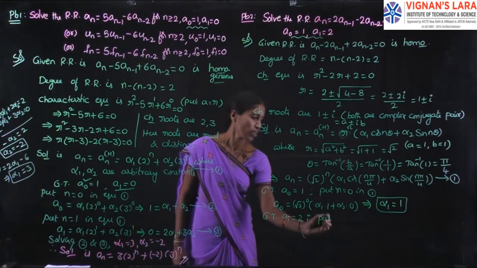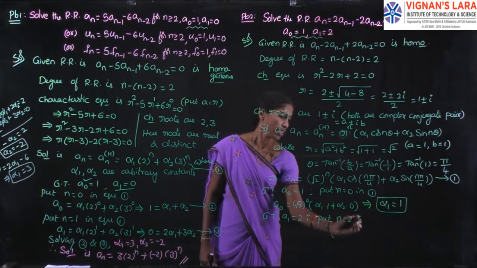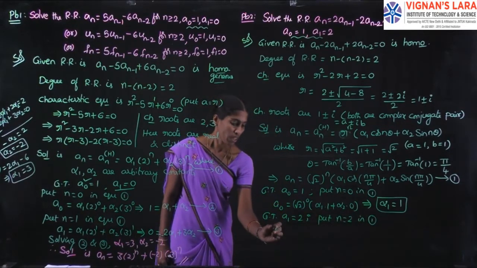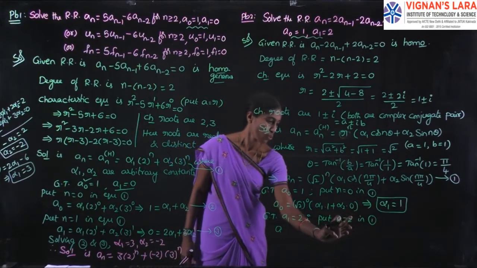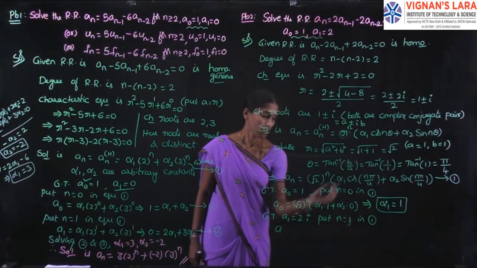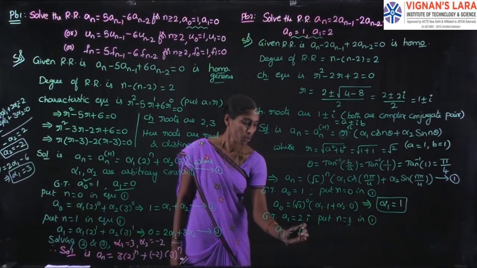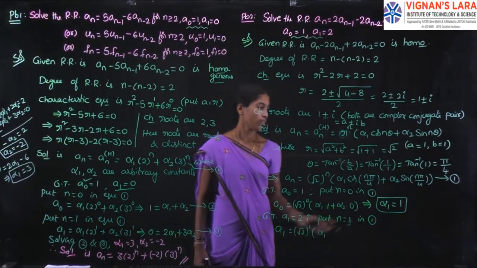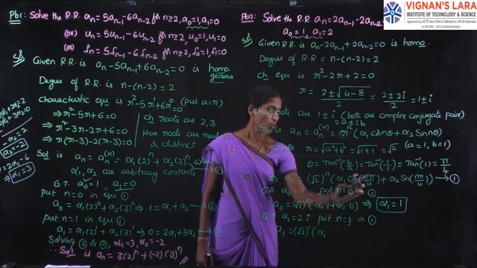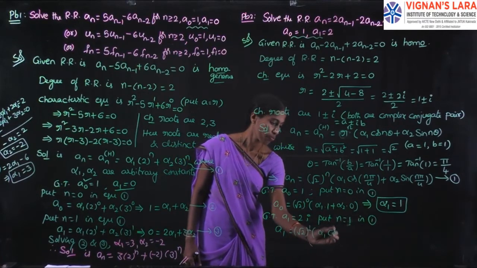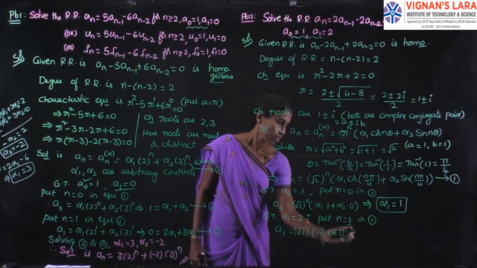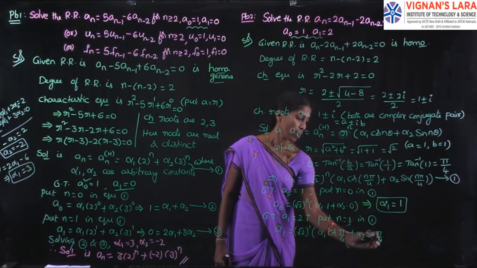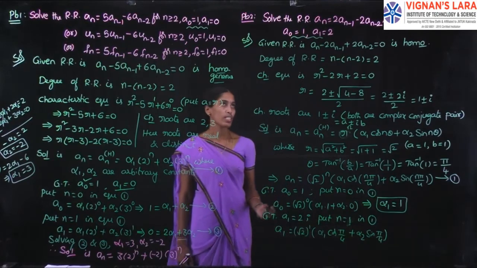Put n equal to 1 in equation 1. a1 is equal to root 2 to the power 1, alpha 1, cos pi by 4 plus alpha 2 sin pi by 4.